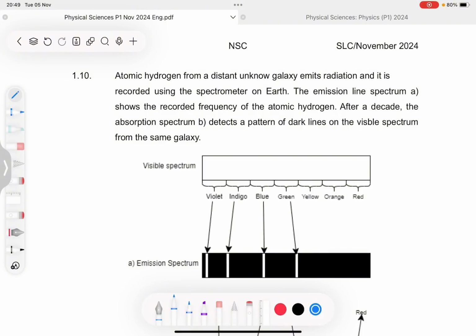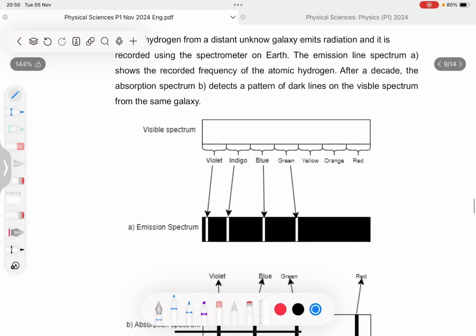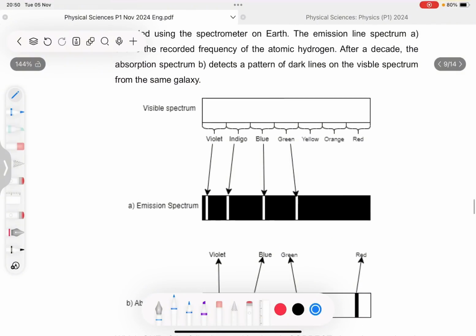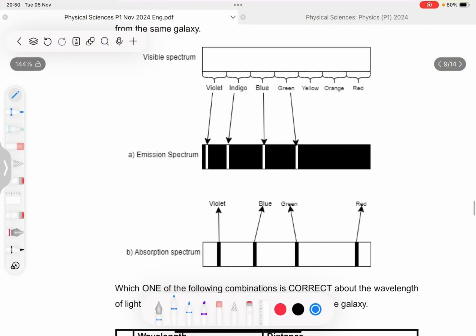Then we jump into 1.10. 1.10 says an atomic hydrogen from a distant unknown galaxy emits radiation and it is recorded using the spectrometer on Earth. The emission line spectrum A shows the recorded frequency of the atomic hydrogen. After a decade, the absorption spectrum B detects a pattern of dark lines on the visible spectrum of the same galaxy.